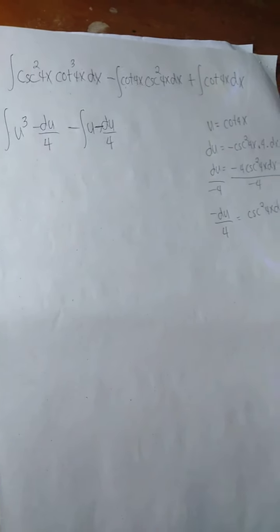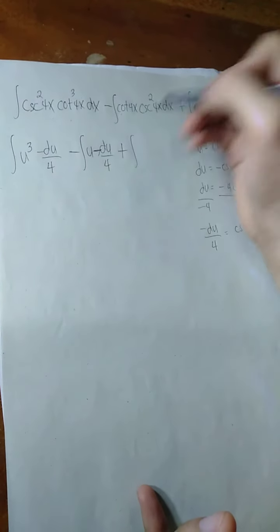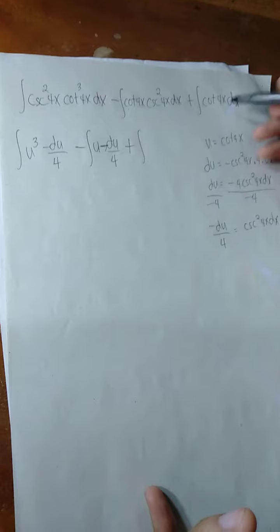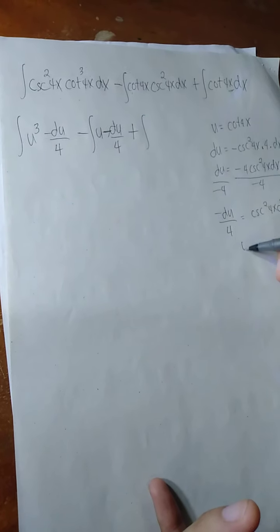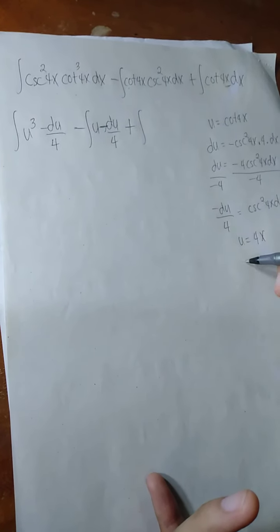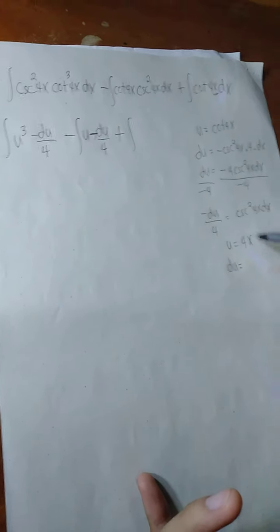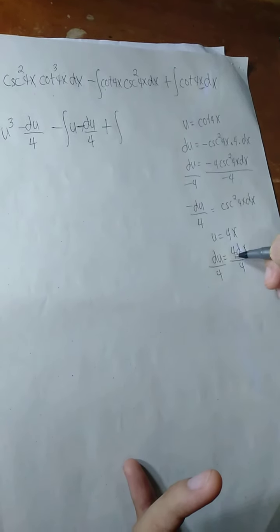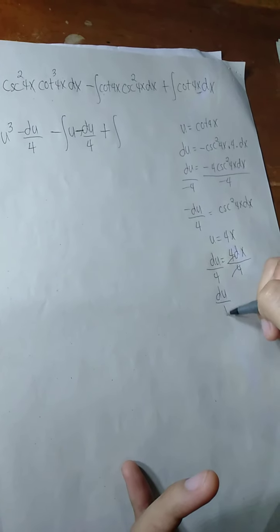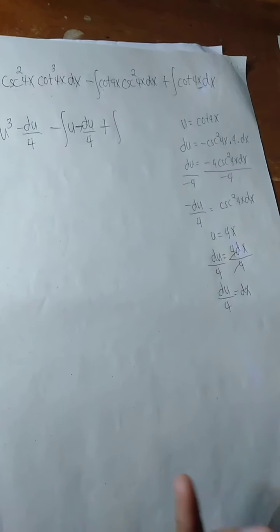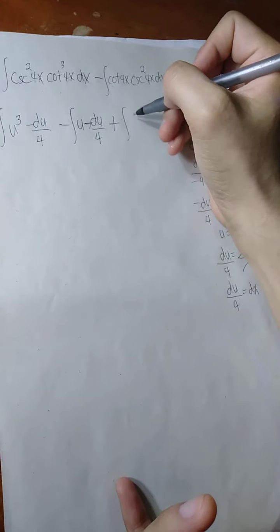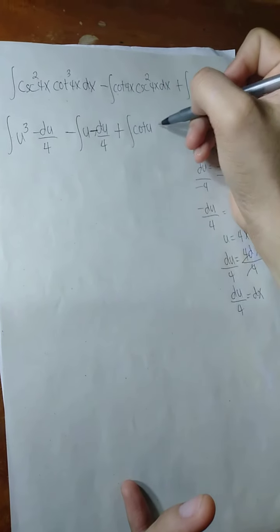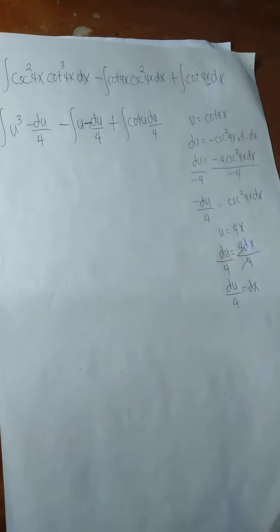Then, of course, dito naman, plus, pwede ka rin mag-let u dito. Diba yung 4x? So we can let u as 4x. So derivative of u is du, derivative of 4x, 4 dx. Divide both sides by 4. So du over 4 is dx na. So magiging ano na yan? Integral of cotangent u du over 4.